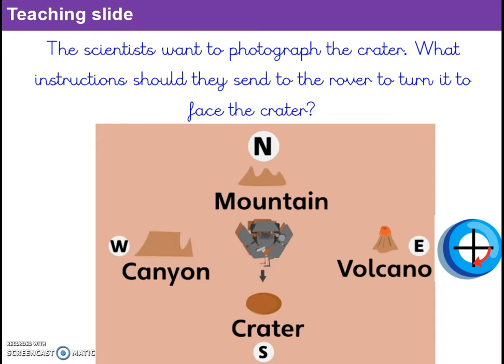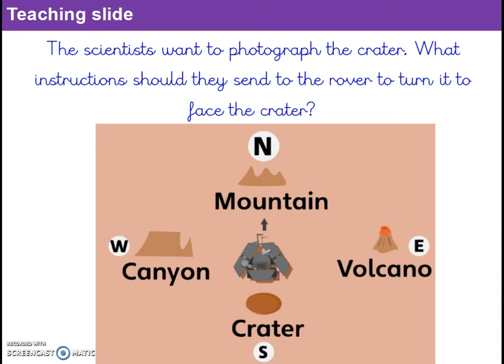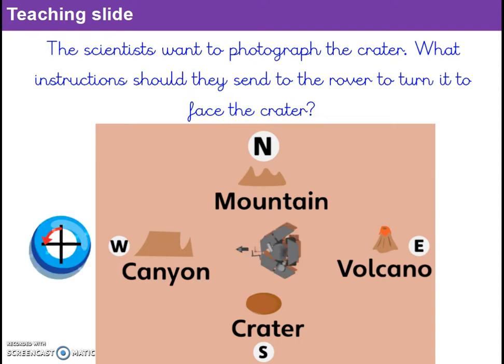What would happen if I pressed the anti-clockwise, if I went the opposite way? Let's see. Again, our rover's pointing north at the mountain, and we need to turn him to go to the crater. This time I want to turn anti-clockwise, so I'm going towards the left, the opposite way round that the hands on an analog clock turn.